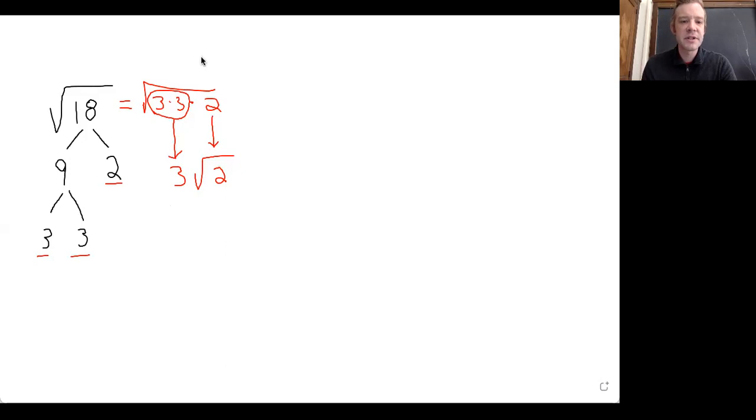Let's take a look at another example here. Let's do the square root of 24. Once again, I want to split up the 24 into two numbers that multiply to 24. There's lots of different options. You could use 8 and 3, you could use 6 and 4, you could use 2 and 12. In this case, I'm going to use 6 and 4.